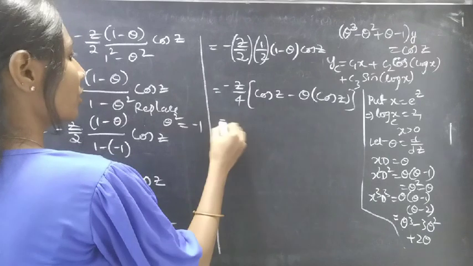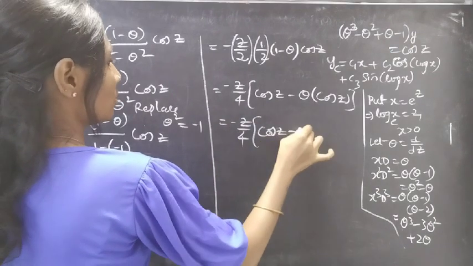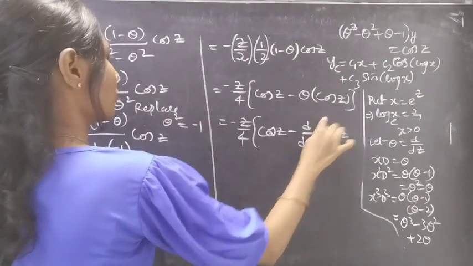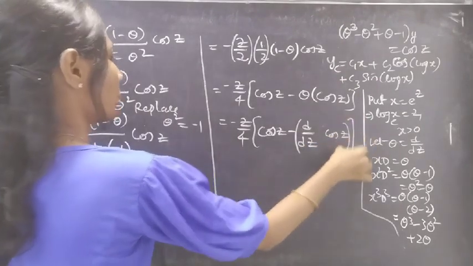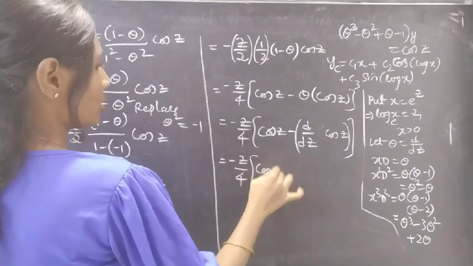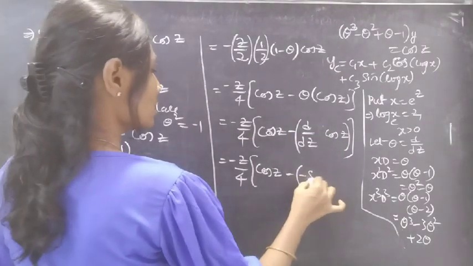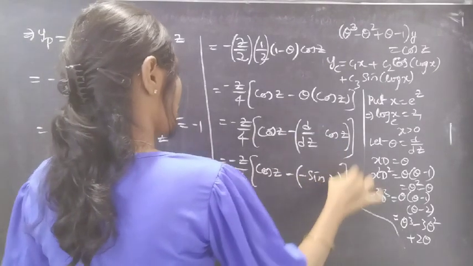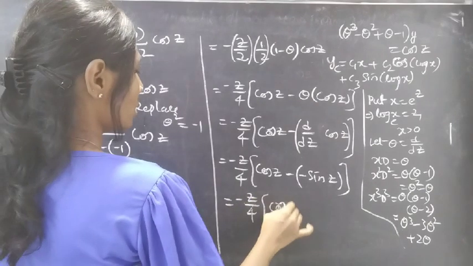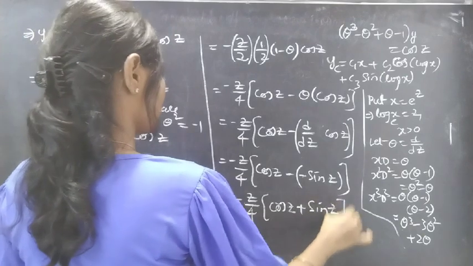We know that θ is a differential operator, right? Just replace θ by d by dz. Now we need to find the derivative of cos z with respect to z. This is equal to −z by 4 into cos z minus the derivative of cos z with respect to z, which is −sin z. Right? This is equal to −z by 4 into cos z + sin z.